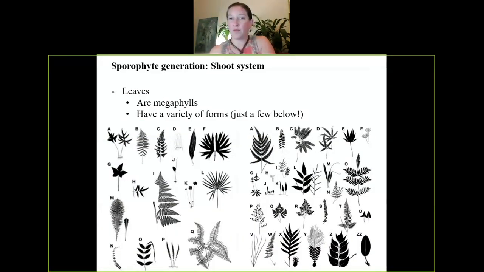This is a slide we saw before in the leaf lab to show you the diversity of fern leaf shape. And one thing we didn't mention back then is that ferns and almost all the vascular plants that we're going to talk about have what are called megaphylls.